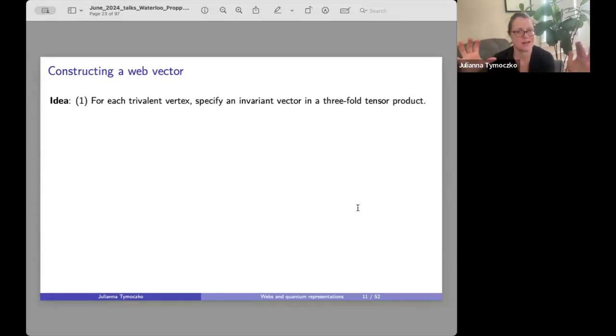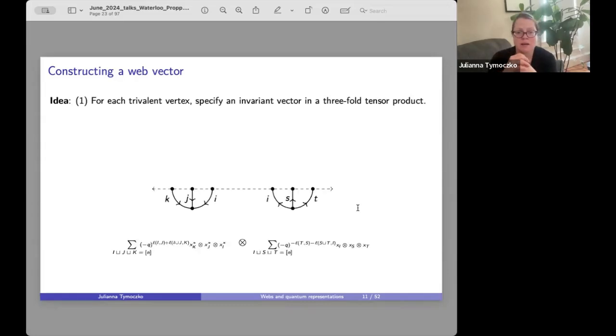I'm not calling it a theorem, I'm just calling it an idea. At each trivalent vertex, what we're saying is, here's an invariant vector in a threefold tensor product with one vector coming from each edge, roughly something like this.